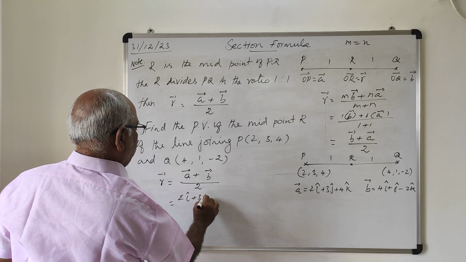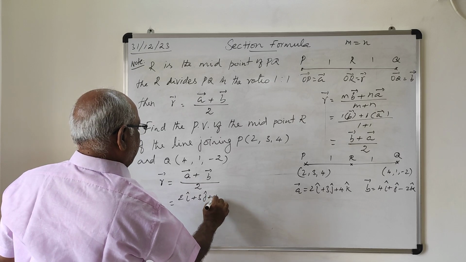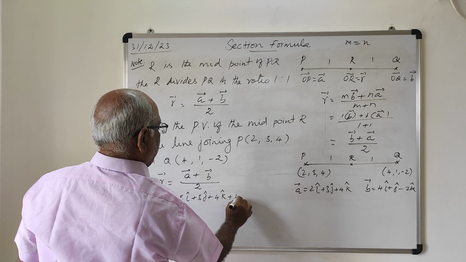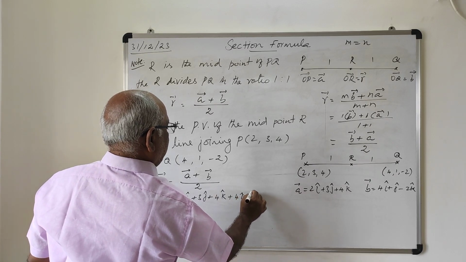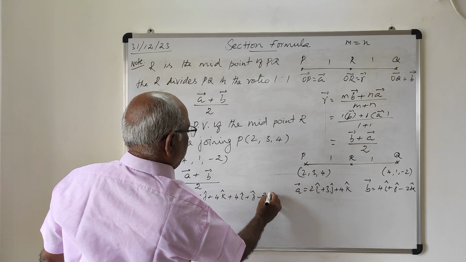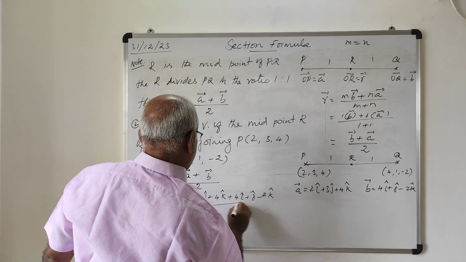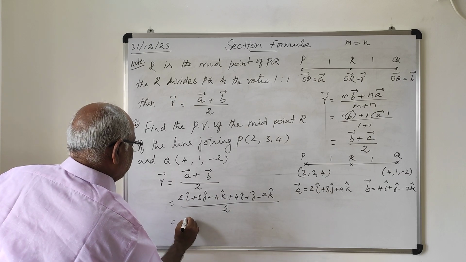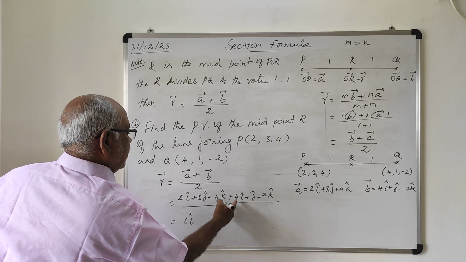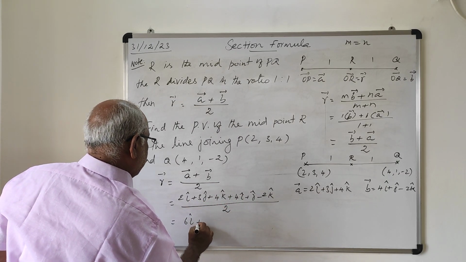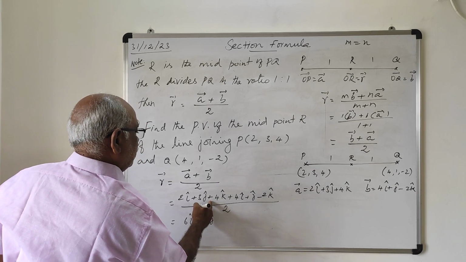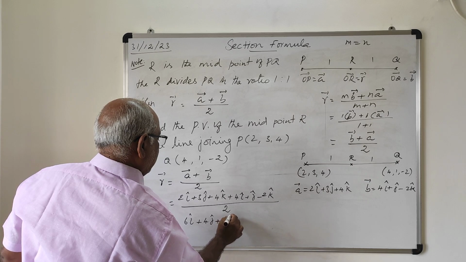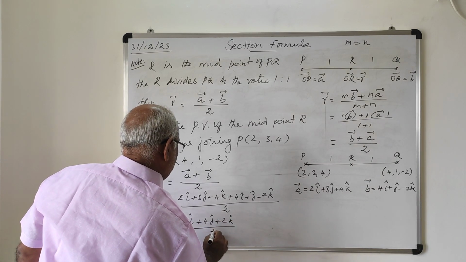A vector is 2i plus 3j plus 4k, and the B vector is 4i plus j minus 2k vector. By the formula, 2i plus 4i is 6i, 3j plus j is 4j, and 4 minus 2k is plus 2k, all by 2.